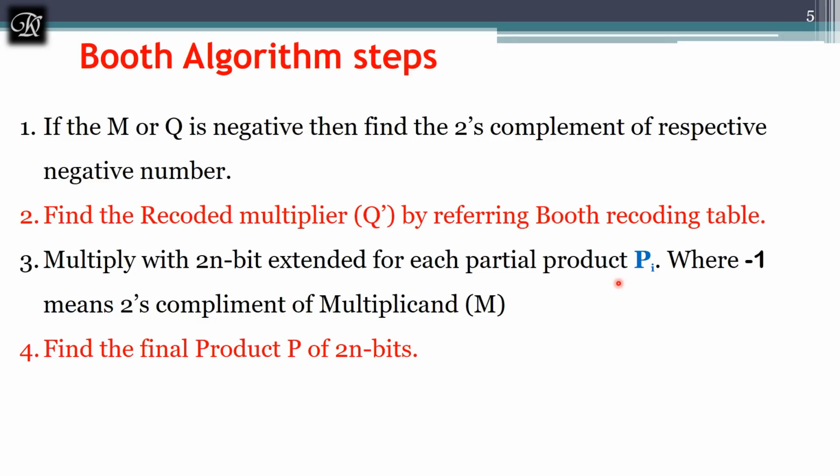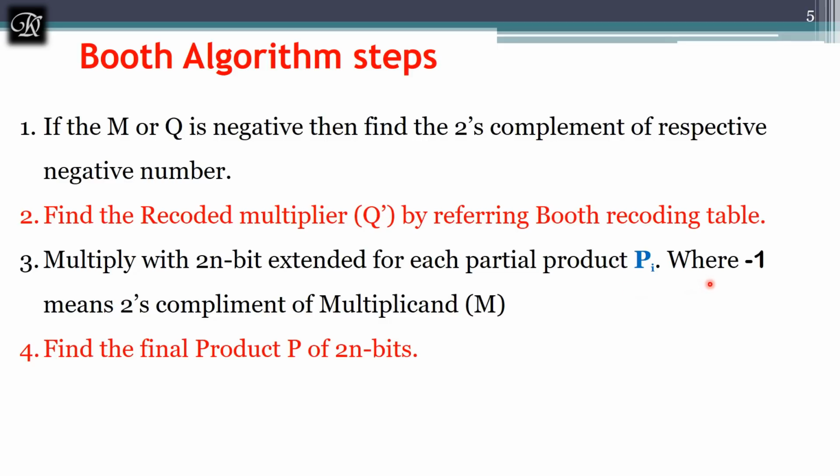So here we have to multiply with the extended 2 n-bit. It means each partial product will have 2 n-bits. It is not that we only shift; we will have 2 n-bits, and the partial product sign bit is going to be the value for the remaining bits. I will explain with the example.